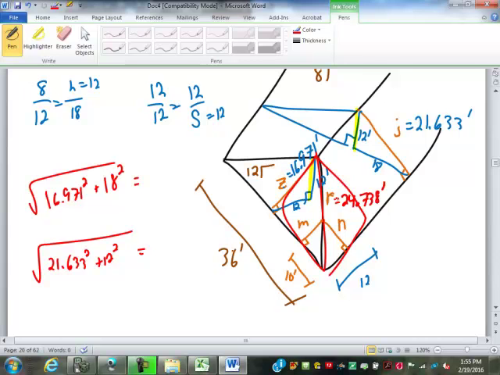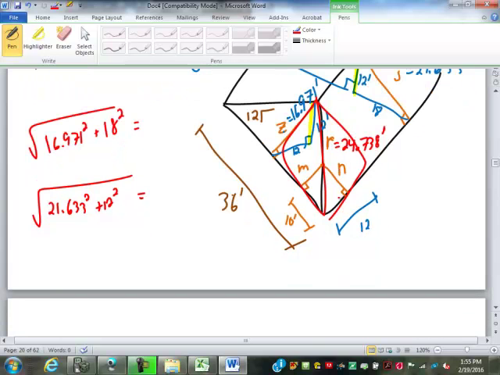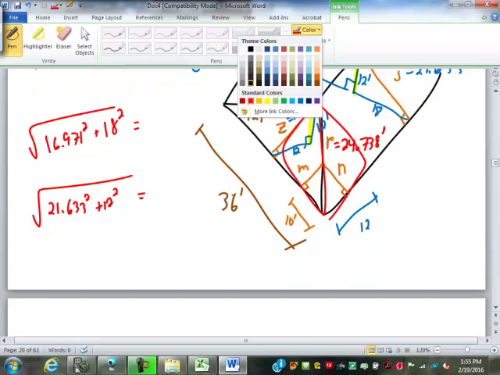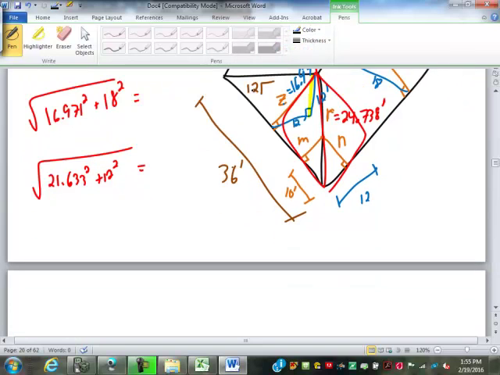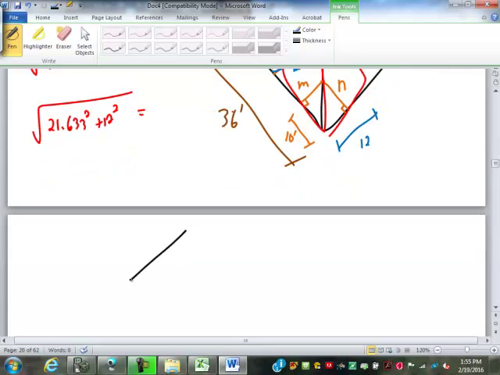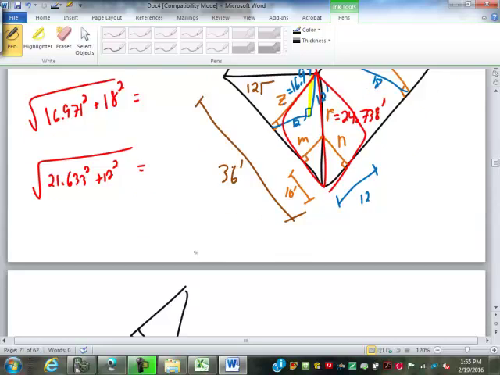So M and N. To find M is not so tough, right? Because I've got my triangle for Z here. This is 18 feet. Z is 16.971.